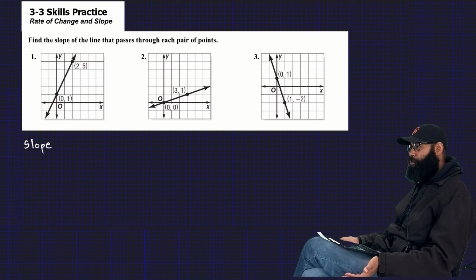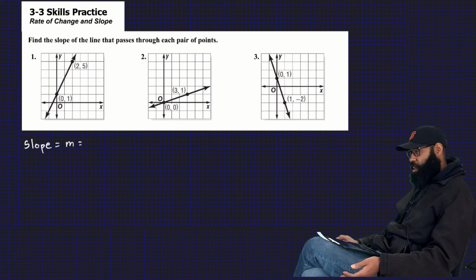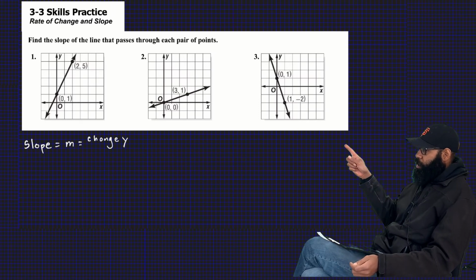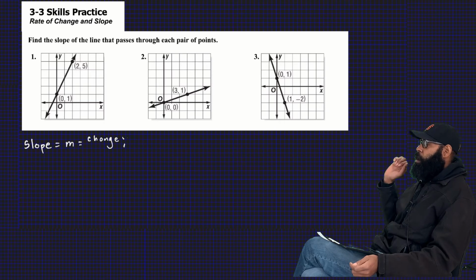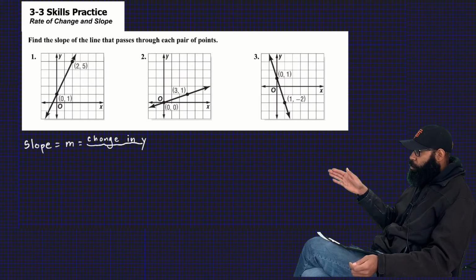Slope is rate of change. Slope is indicated by the variable m, and slope is the change in y over the change in x.